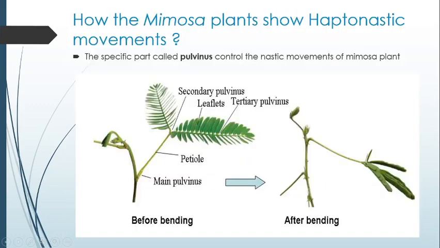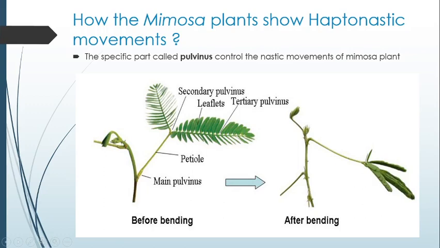Then let's see how the mimosa plant shows haptonastic movements. In the mimosa plant, there is a specific part called the pulvinus. This pulvinus controls the nastic movement of the mimosa plant.